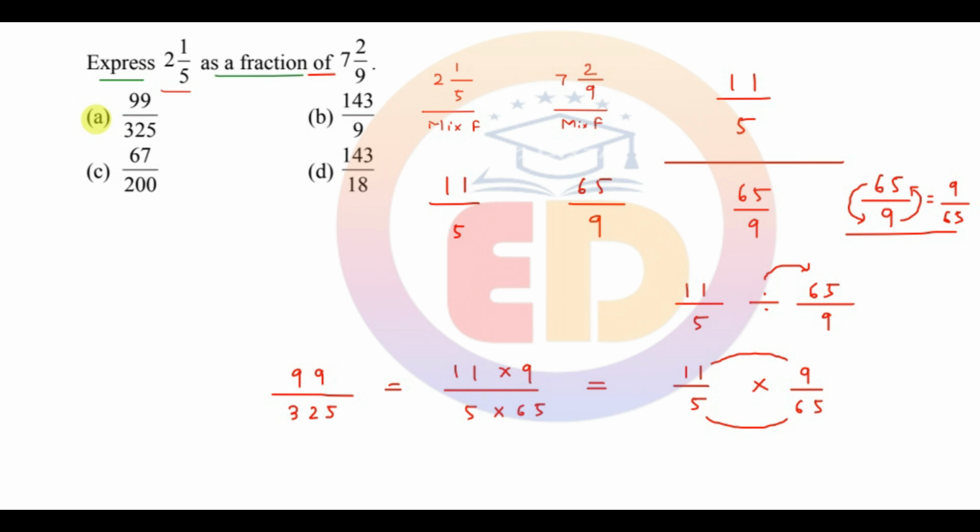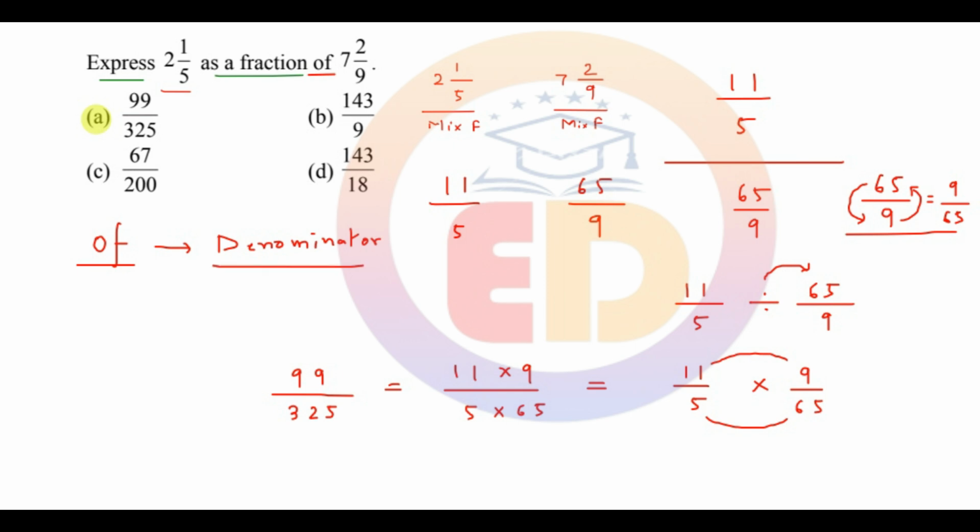In such questions, remember, when we have to express 2 whole 1 upon 5 as a fraction of 7 whole 2 upon 9, remember, in the mathematical language, the term which comes after of will always go to the denominator. Of के बाद जो भी term आएगा वो हमेशा denominator में चला जाएगा.